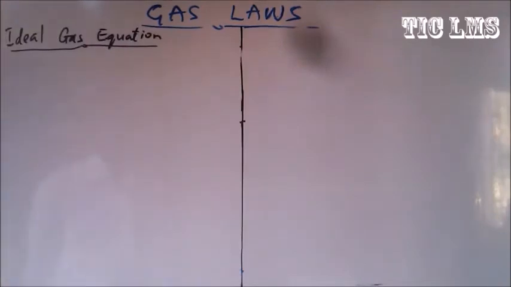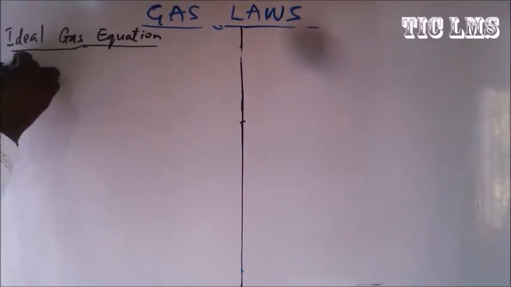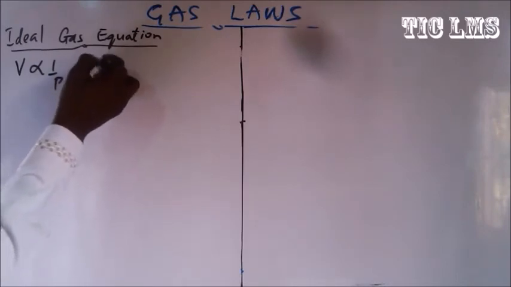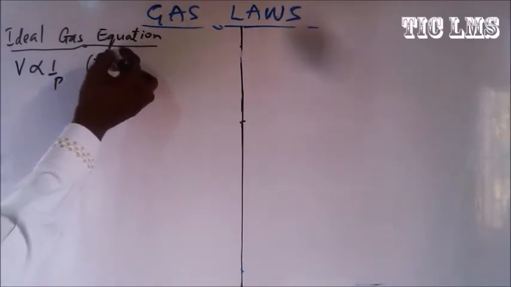We move on to the ideal gas equation. Now these are gases that obey Boyle's law and Charles's law, and this equation is gotten as a result of the combination of Boyle's law, Charles's law, and Avogadro's law. Boyle's law is that volume is inversely proportional to pressure, having that temperature and n are constants.